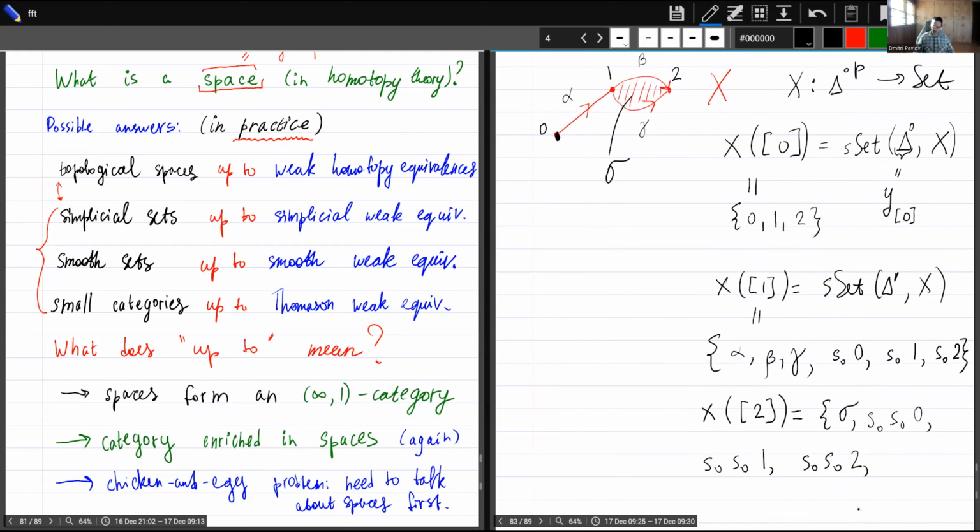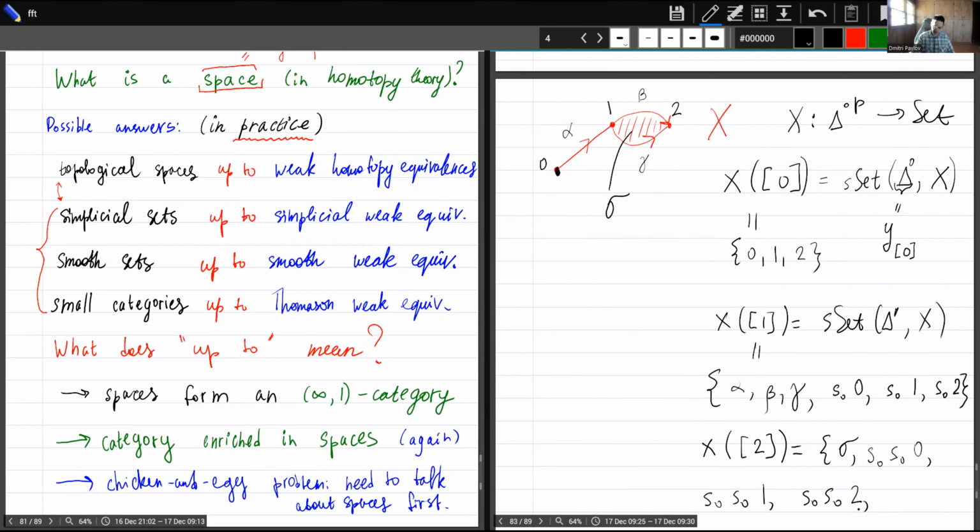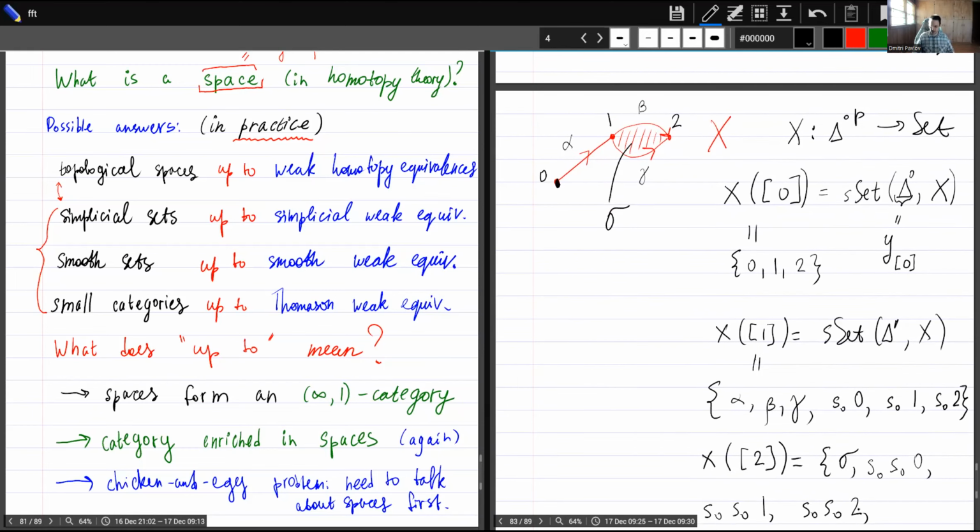And there's even more, because you can also map a true simplex in such a way that its image lands on or covers an existing one simplex. For example, imagine mapping a true simplex to this interval so that this vertex goes to 0 and these two vertices go to 1.